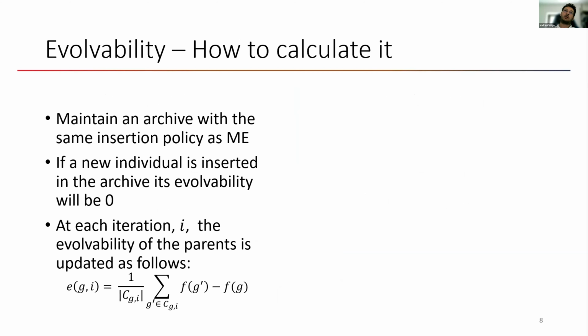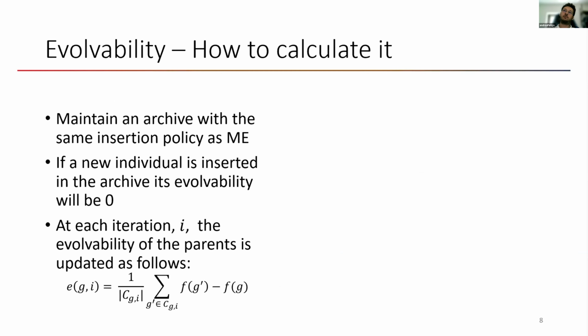So how do we calculate the evolvability? To calculate the evolvability, we maintain an archive similar to MAP-Elites, with the same insertion policy, but which is independent from the evolutionary algorithm used, meaning that the evolvability archive does not influence the evolution.